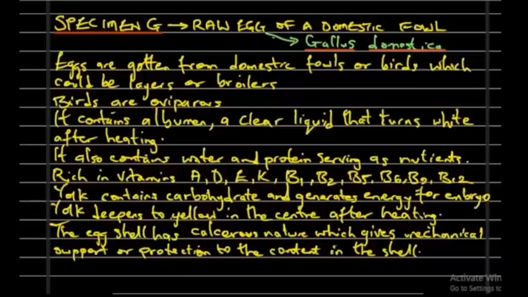The shell is porous for gaseous exchange with the environment, and the shell permits gases into the egg for gaseous exchange, and it houses and contains the embryo.